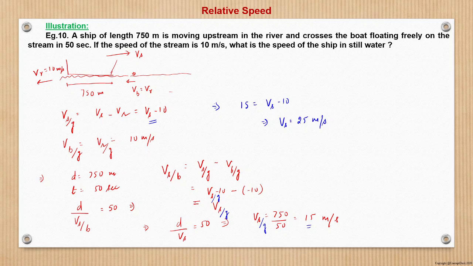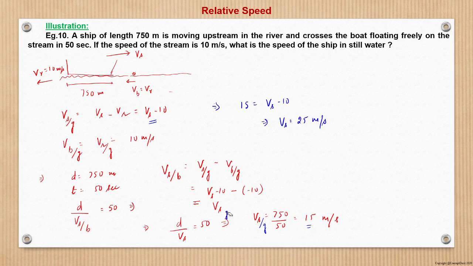So now after having seen this, here this is velocity of ship with respect to boat. So that will be nothing but Vsg minus Vbg. So this already we have Vsg from here written as Vs minus 10, right? Minus of 10.